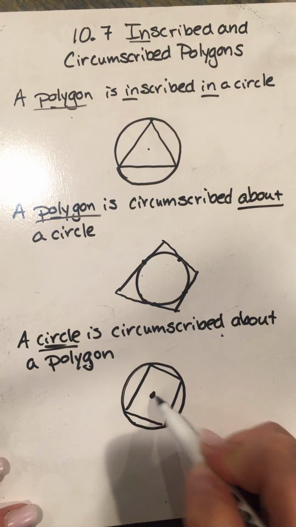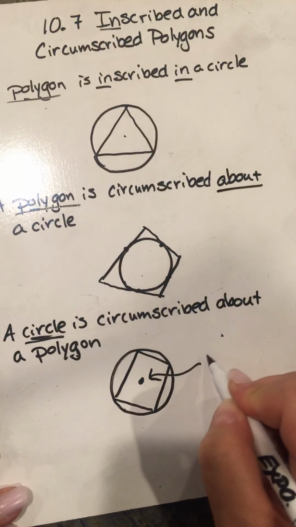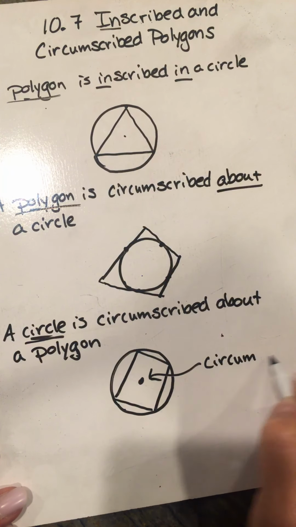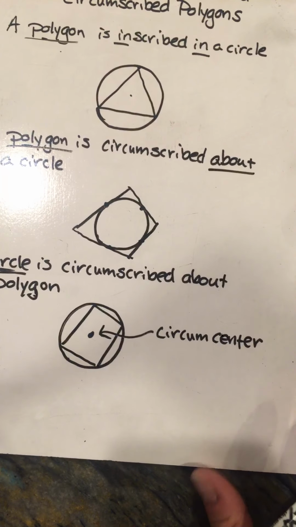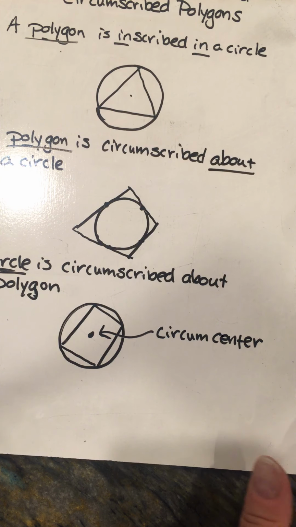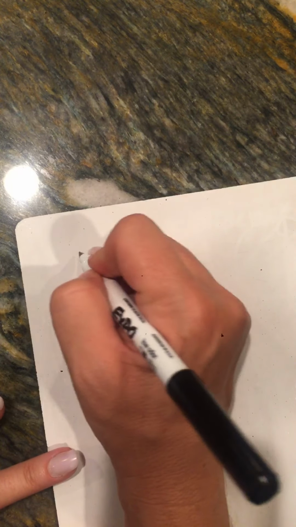There is a center to this circle, and that is called the circumcenter. Okay, can you see that? That's called the circumcenter.